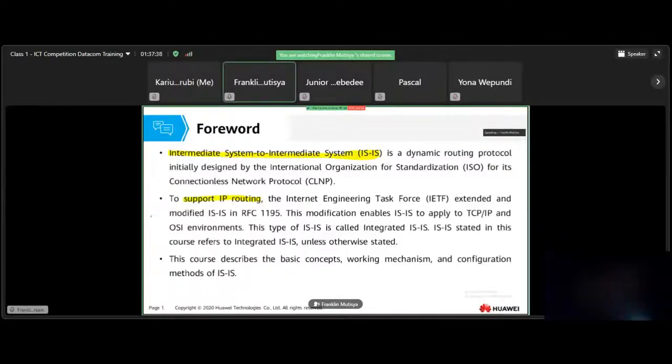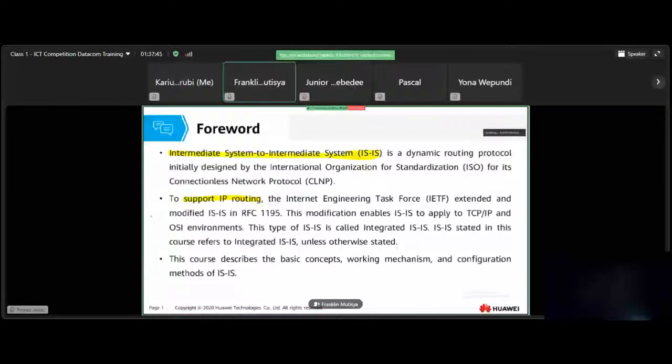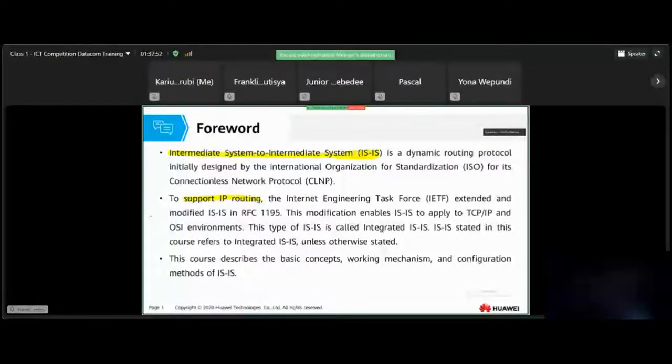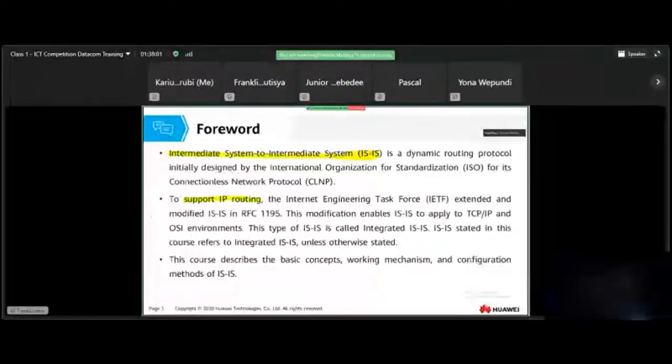But in terms of system overhead, meaning the amount of memory and processor resources it requires, ISIS is used in larger networks.